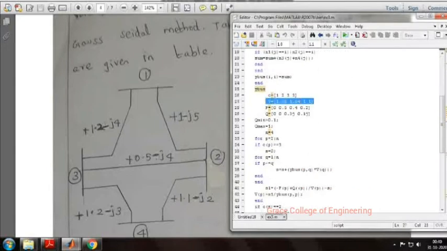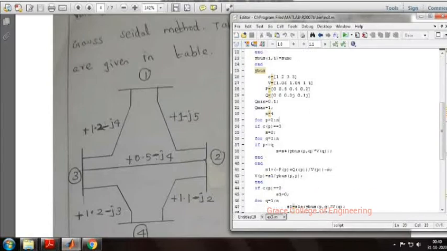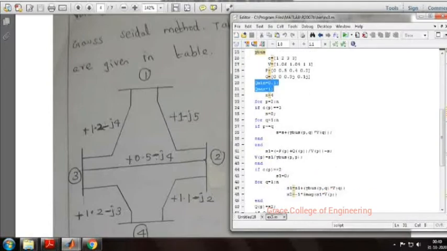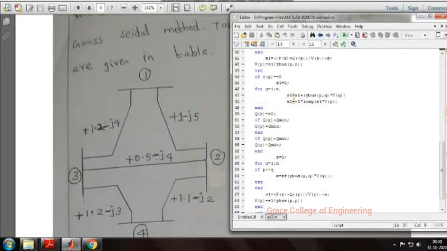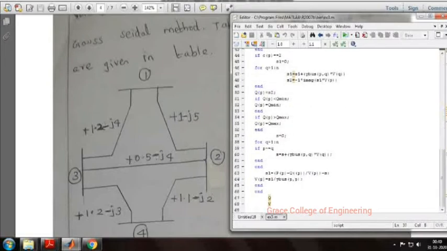We have taken the values from the given data for voltage, and for voltages V3 and V4 we have assumed 1. We entered the real power value, the reactive power value, and the limits given in the problem, and we have calculated the power value and voltage value. Now we can run the program in the MATLAB command window.